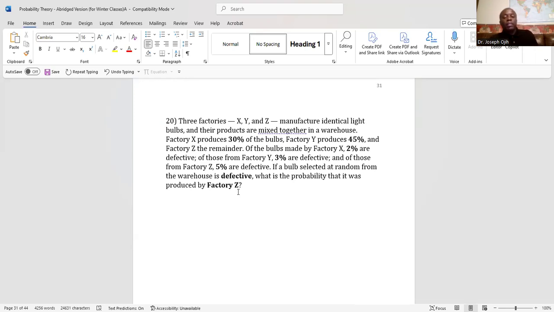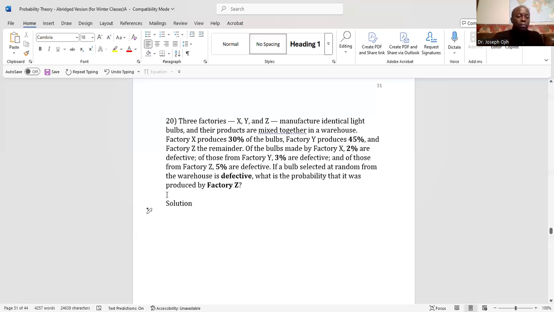Of those from factory Y, 3% are defective. And of those from factory Z, 5% are defective. If a bulb selected at random from the warehouse is defective, what is the probability that it was produced by factory Z? Again, what you're going to do is this. Okay, solution.